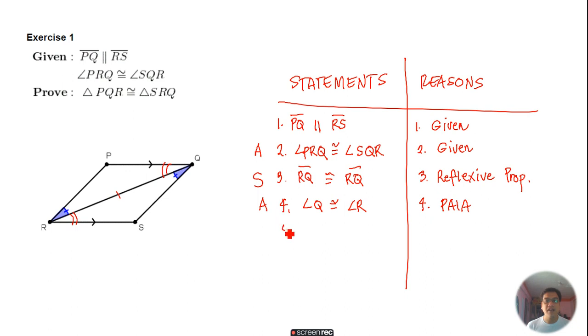For number 5, we write the name of the triangle: triangle PQR is congruent to triangle SRQ. And what will be our reason? Our reason is the ASA congruence postulate. So this first example illustrates the use of ASA depending on the given and how we illustrate it in the figure.